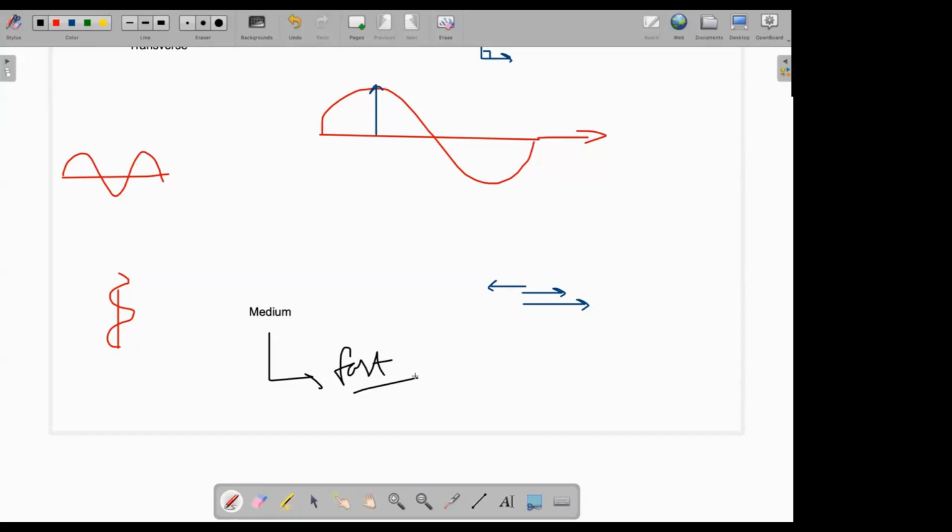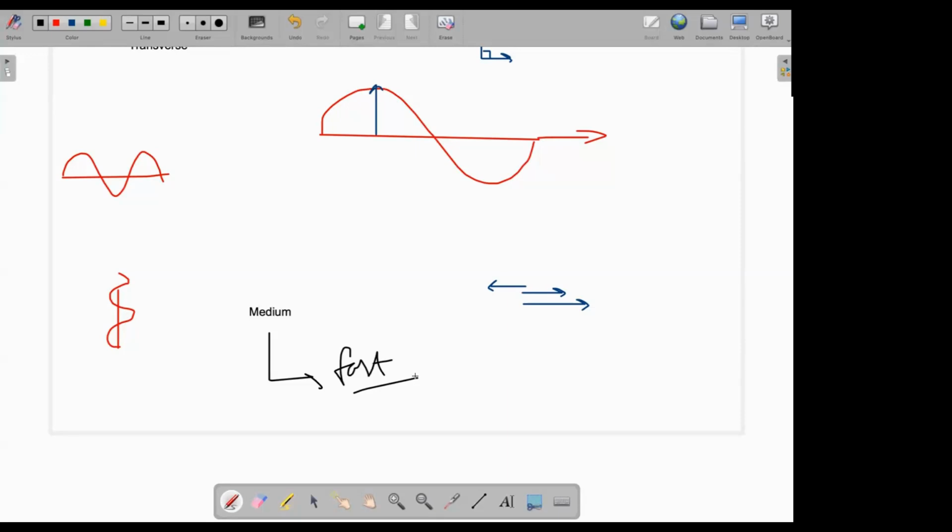But for sound, it is the opposite way. Sound requires a medium. It cannot travel in vacuum. It 100% requires a medium. But there is something about the sound wave which makes it fastest in solid, slowest in air. For light, fastest in air, slowest in solid.